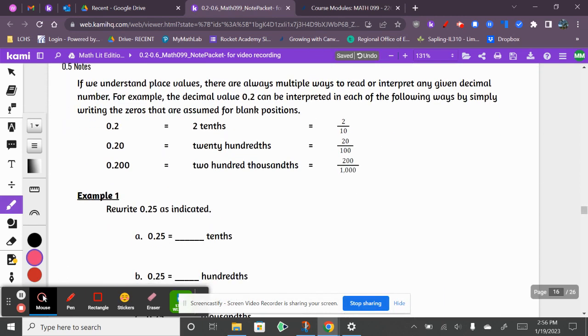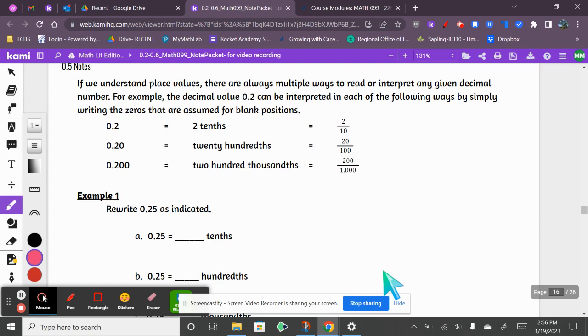If we understand place values, there are always multiple ways to read or interpret any given decimal. For example, the decimal 0.2 can be interpreted in each of the following ways by simply adding zeros that are assumed for blank positions. You can add as many zeros as you'd like for these positions. It doesn't change the value.